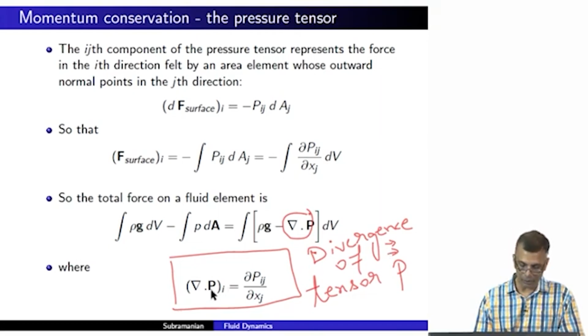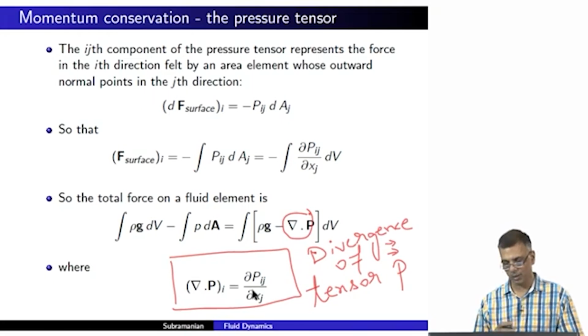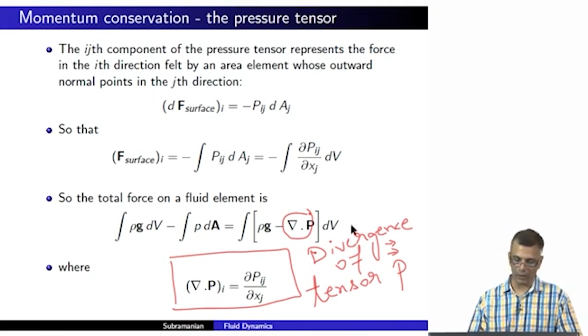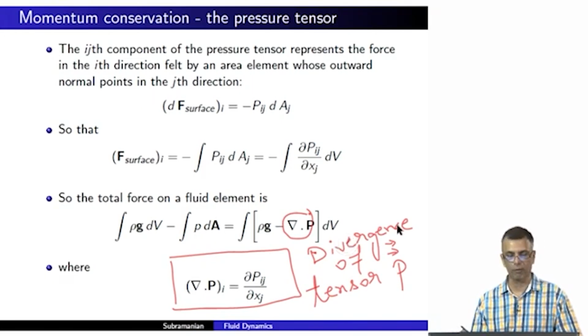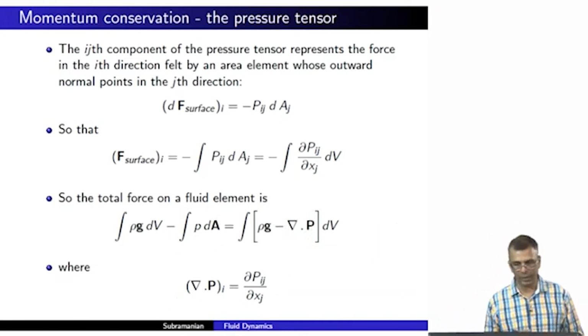The ith element of the divergence is simply dpij dxj. That is how divergence of a tensor is defined. You really don't need to know much more about tensors. This is good enough. We will move to slightly less complicated.